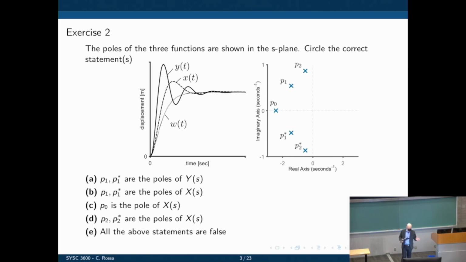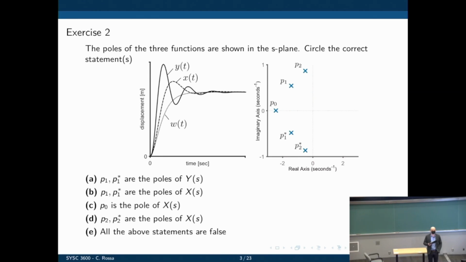So let me ask you this then. Which of these 3 curves corresponds to pole P0? W of t. Why is that W of t? Because it's an exponential waveform, and because P0 is a real number, the damping ratio is either 1 or greater than 1, and that only gives an exponential waveform.